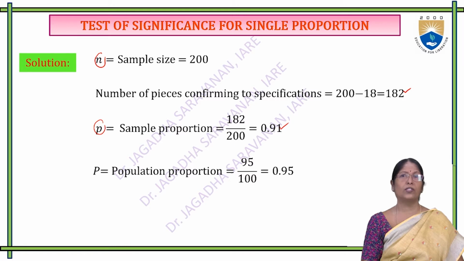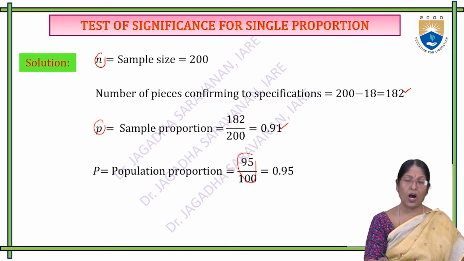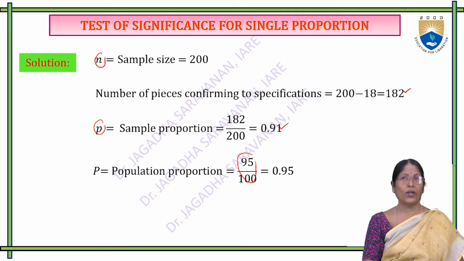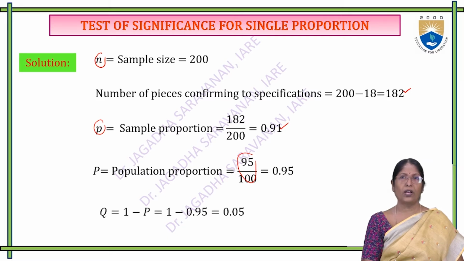Capital P is the population proportion. This fraction, how did we get it? The first sentence of the question itself gives that 95% of the equipment conform to specification. So 95% is 0.95. Now capital P we obtained, that is 0.95.